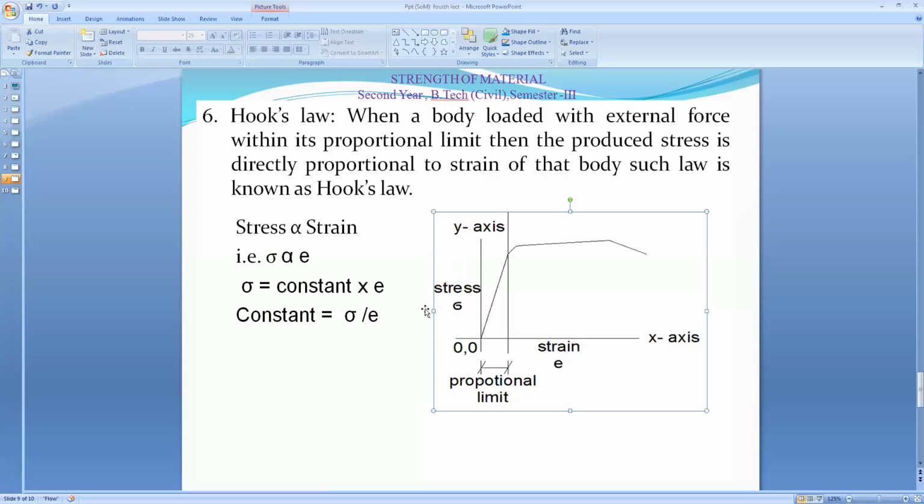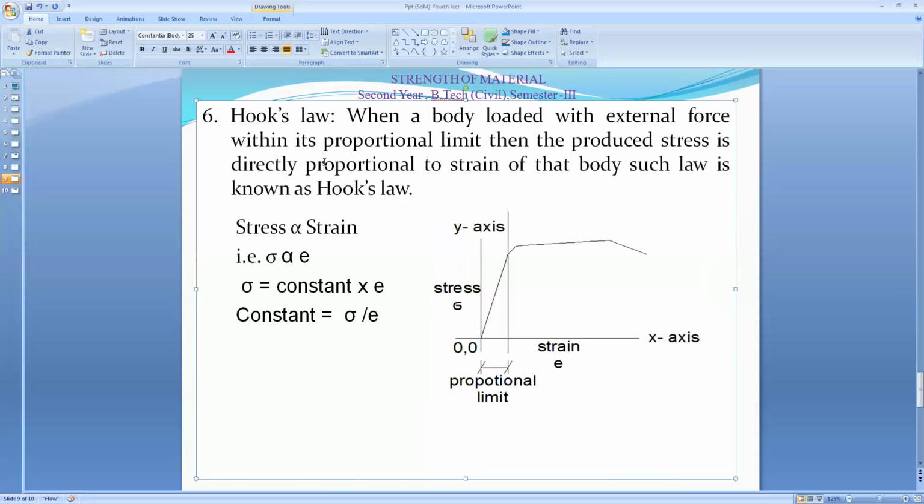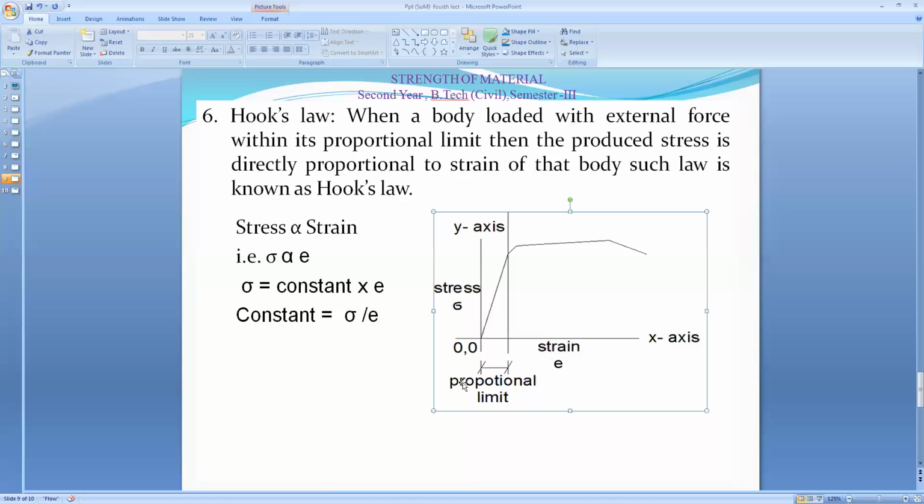When we consider these curves, we understand that stress and strain possess a linearity up to a limit. Such limit is called the proportional limit, meaning stress is directly proportional to the strain.